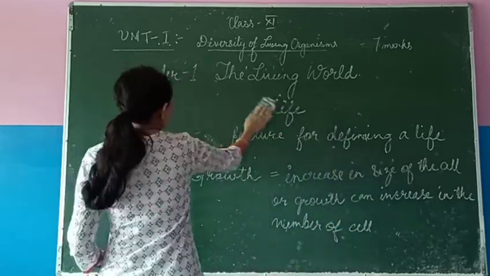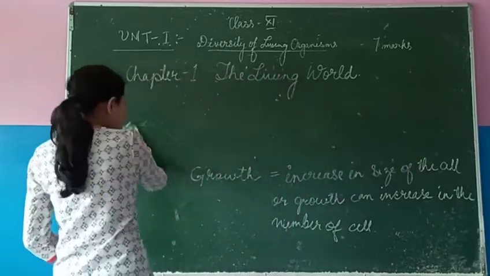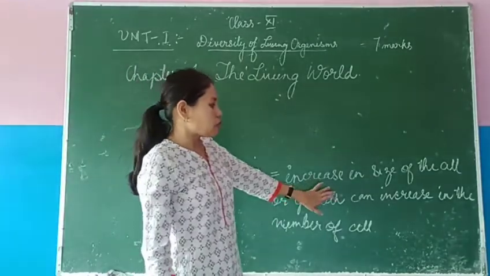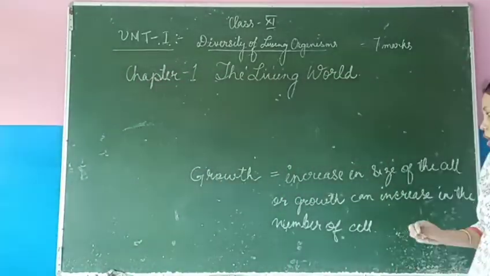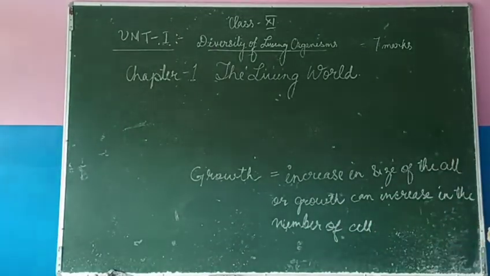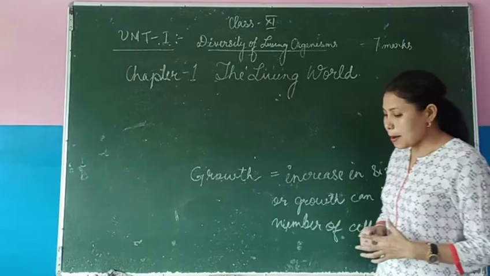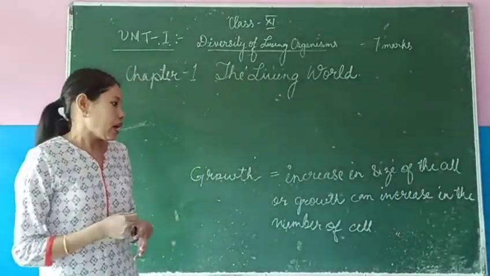So growth can happen in an organism either as an increase in the size of the cell, with the cell becoming bigger, or as an increase in the number of cells. We see that in amoeba, for example, which is a unicellular organism.